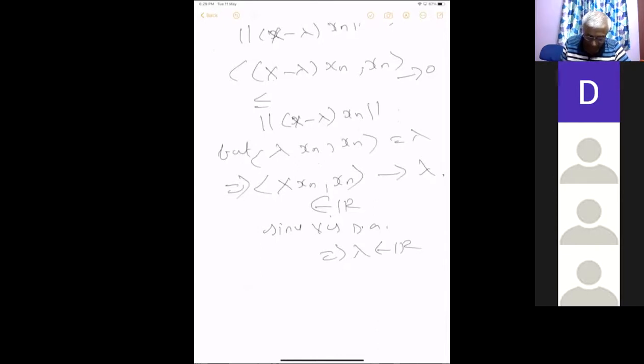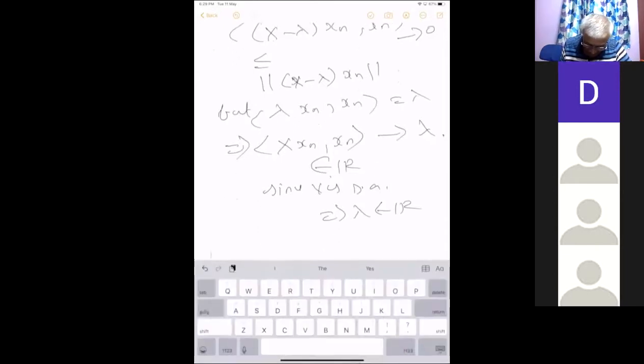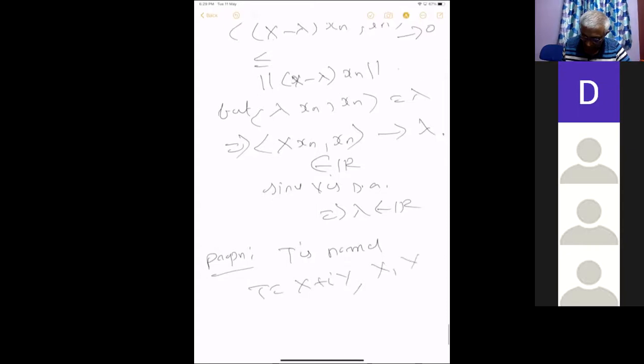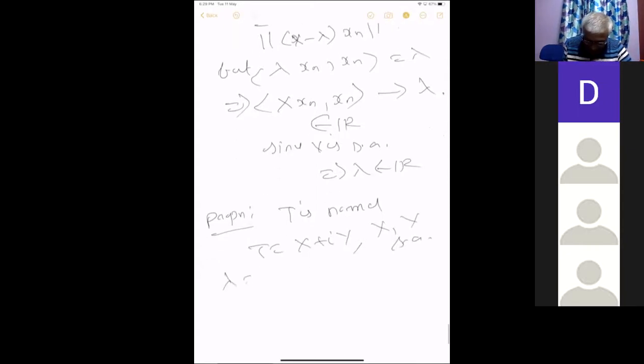So the final thing is this. This will be used later, but this is just clear. T is normal, T equal to X plus iY, with X and Y self-adjoint. And lambda equal to alpha plus i beta is in sigma of T, with alpha and beta real.